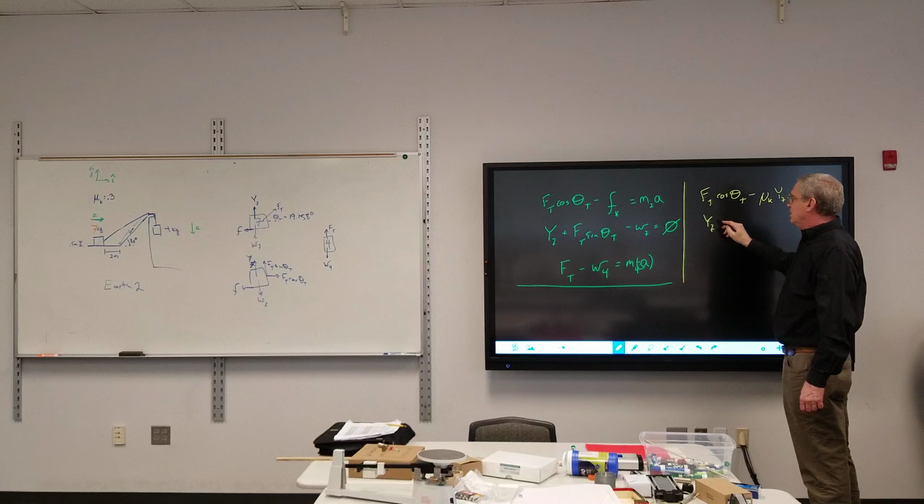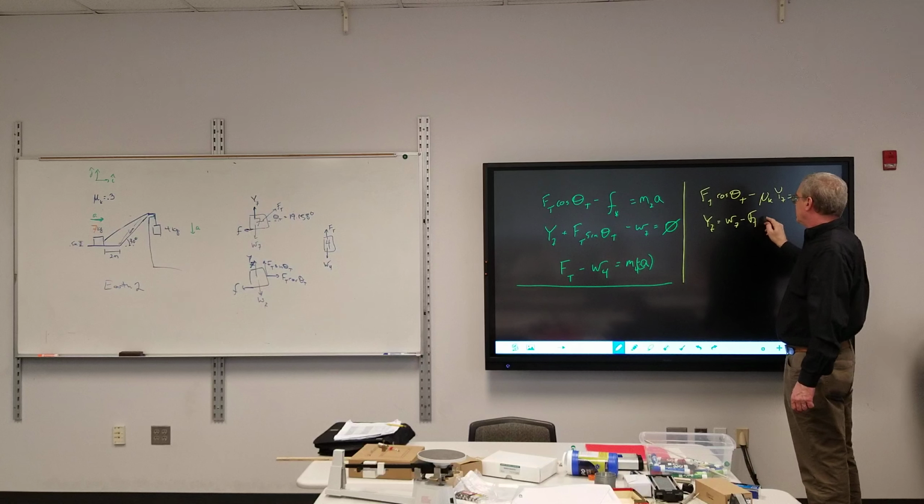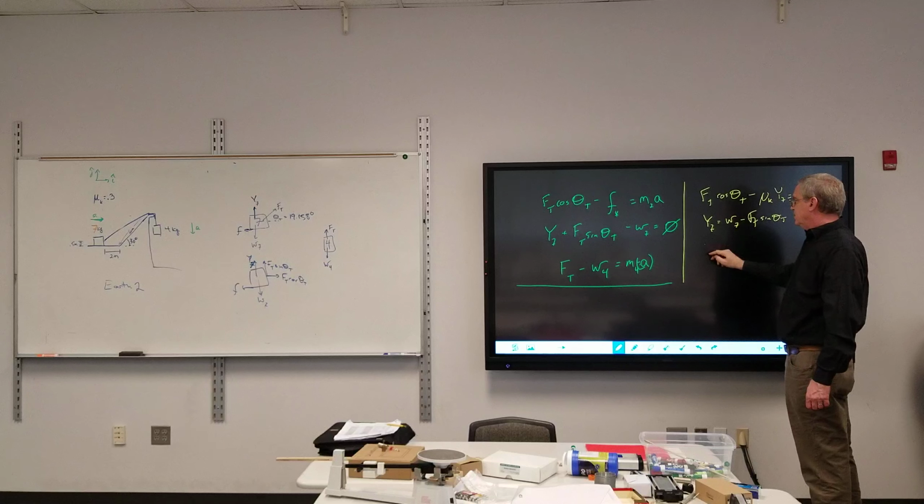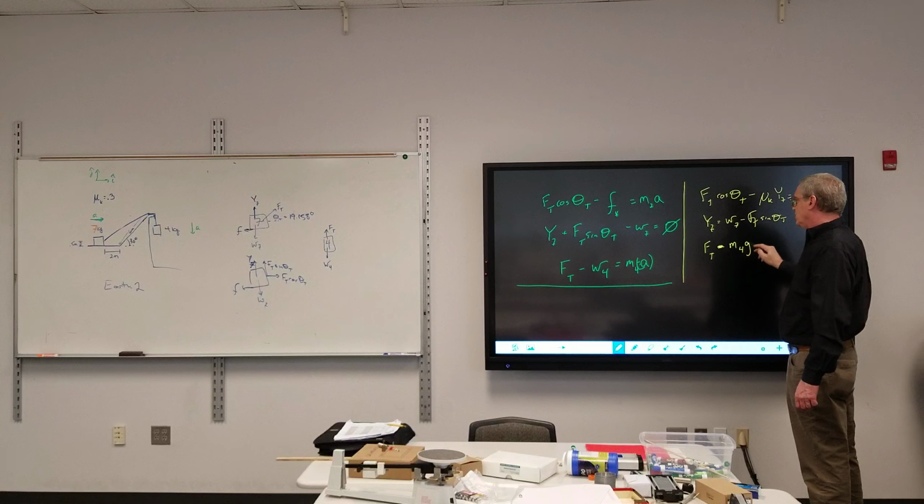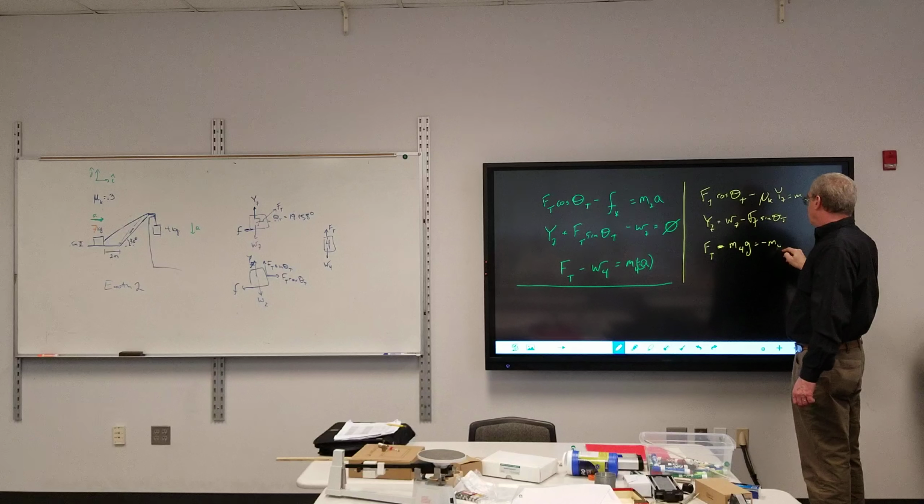Y7 equals W7 minus FT sine theta T. And FT minus M4G equals negative M4A.